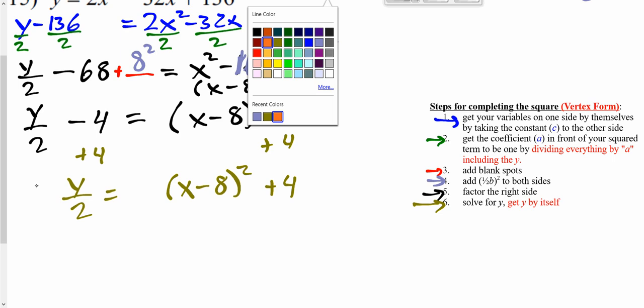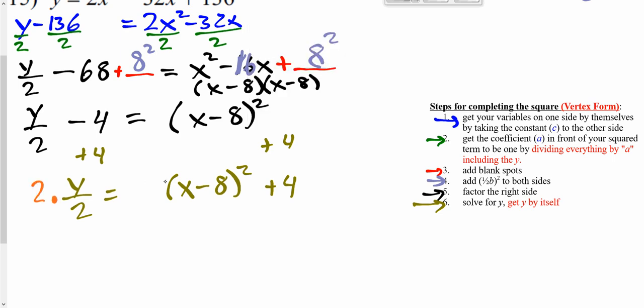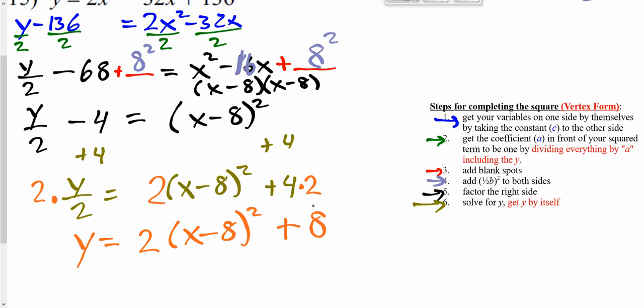To undo dividing by 2, I'm going to multiply by 2. And that affects the parentheses and what's being added or subtracted to the parentheses. And so we get a plus 8. And so that would be in vertex form.